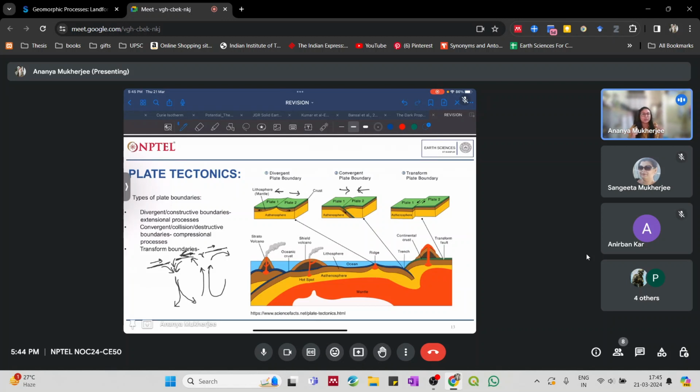They are going to crash into each other, and they will form different kinds of features. And there is another set of plate boundaries where the plates are not coming towards each other or going away from each other, but they just slide past each other. These also cause disturbances, and they cause different kinds of features to form.